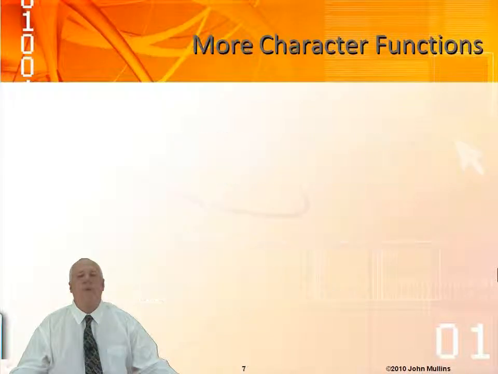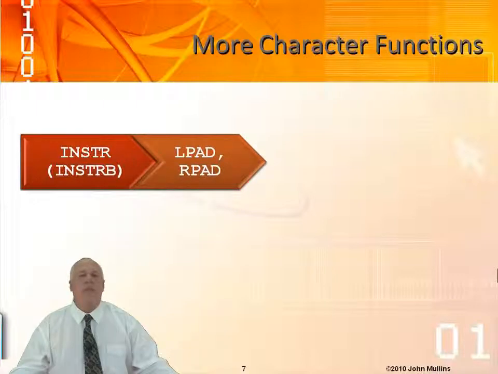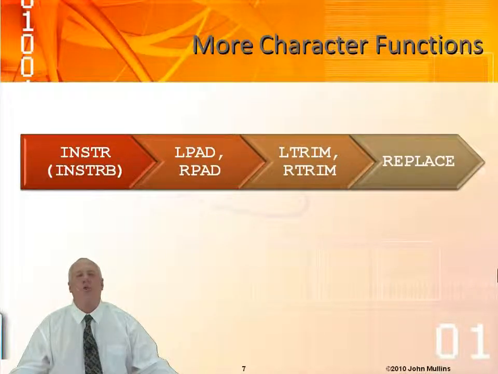Okay. Some other functions that are available to us: the instring function, so INSTR, the LPAD and RPAD, that's left pad and right pad, the LTRIM and RTRIM, left trim and right trim, and then the replace function. We'll take a look at some examples of those as well. So instring means that we're looking for a particular character in a string. Again, INSTR is used a lot of times in password verification functions.